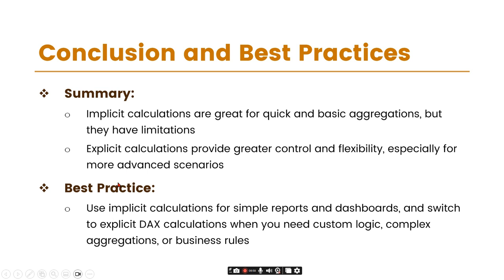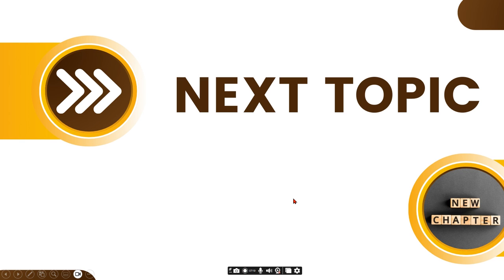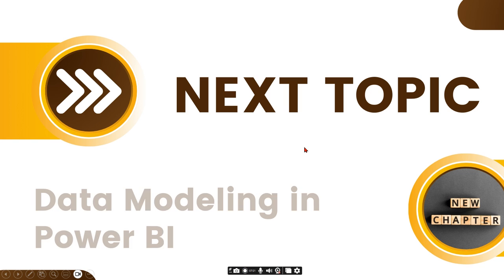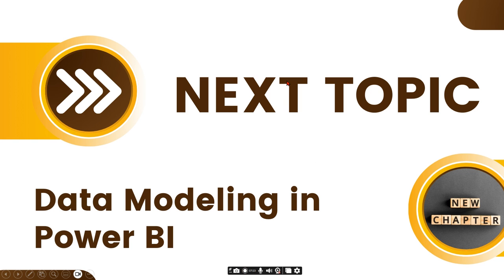Whenever I'm creating simple reports and dashboards, I can use implicit calculations, or you switch to explicit DAX calculations when you need custom logic, complex aggregations, or business rules. The next topic will be data modeling in Power BI.